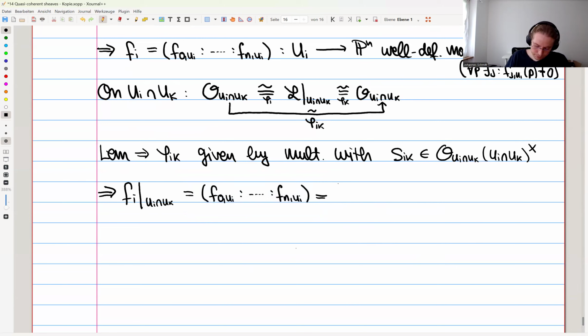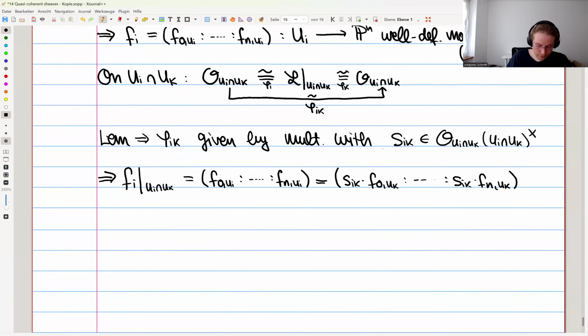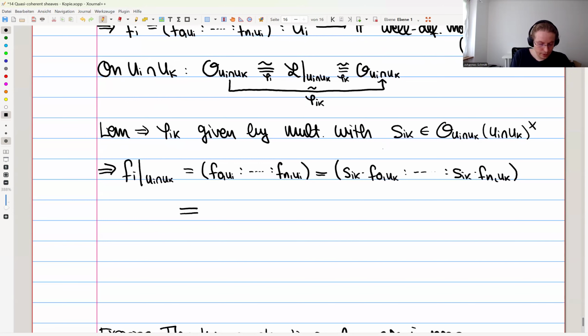And so these things are now, by definition, if we translate them here, just given by multiplying with the same function in all the coordinates. So this is s_ik times f_0(u_k) to s_ik times f_n(u_k), like this. But I mean, somehow Pn is invariant under scaling. That's basically the defining thing.